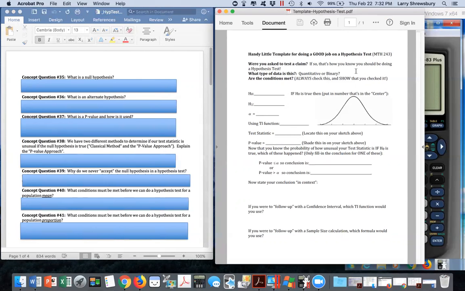This little template is very helpful when you're first starting hypothesis tests because there are a number of steps, and having a template will remind you of each step and also, hopefully, the concepts to run through your head each time you do it. So the idea is someone's made a claim, and one of those is going to be one of the hypotheses.